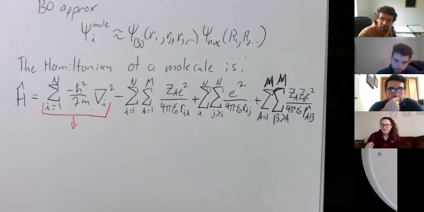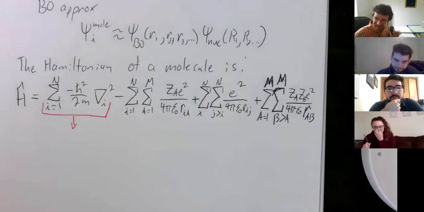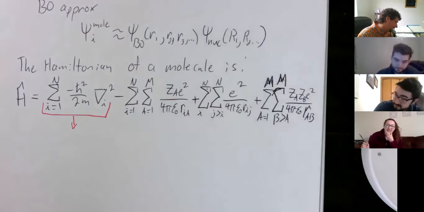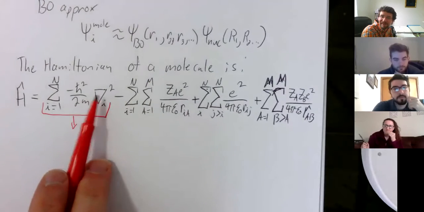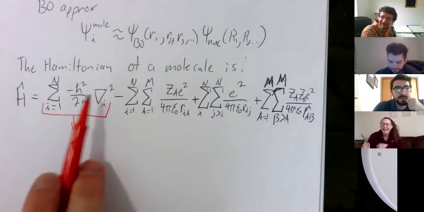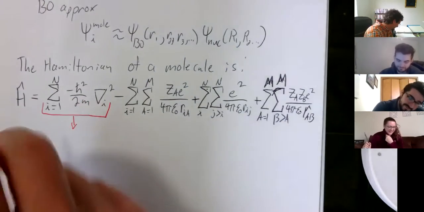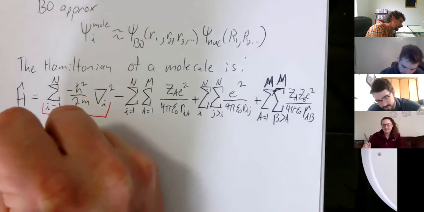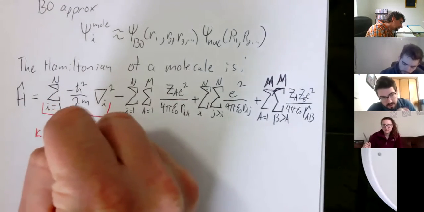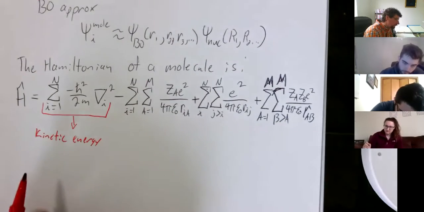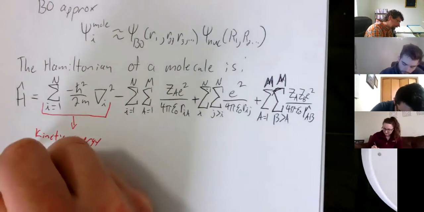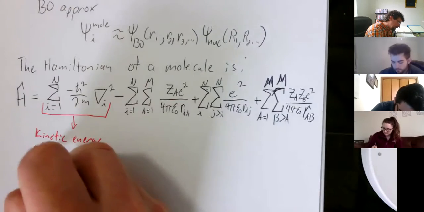Kinetic energy. Yep, it's a kinetic energy. How'd you know that, Tara? I don't know. Any symbols or anything that give it away? The negative h squared over 2m. Yep, we've seen that a lot. And then this, that gradient. This is a kinetic energy. And it's a kinetic energy of what? The electrons. Yep.